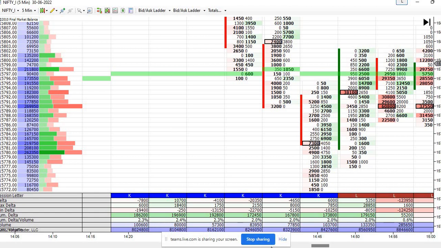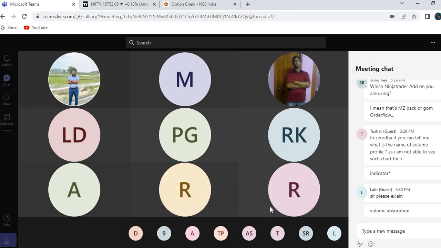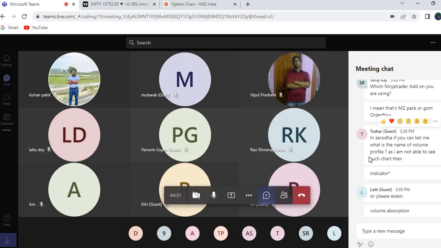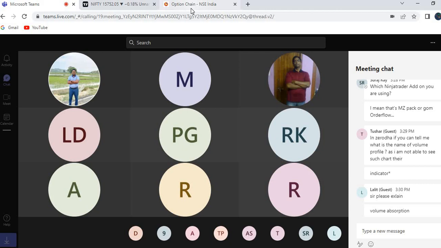But when you look at order flow, you shouldn't be worrying about volume absorption. That's the thumb rule, Mr. Lalit. When you consider volume profile, then you go and check out volume profile. And even in volume profile, you don't worry about volume absorption, because volume is being plotted on the chart.